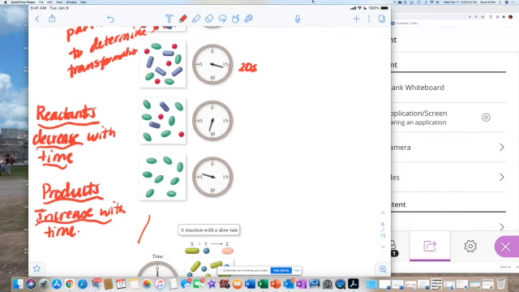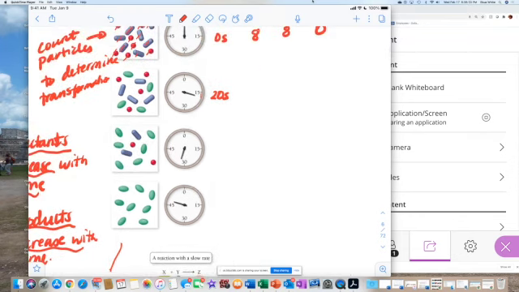So the idea here as we're examining this is we're approaching this from the scientific point of view, which is you approach things with hypotheses, prejudgments. But you remember that your hypotheses are subject to change if your data tells you otherwise, right? So we are approaching this knowing, okay, reactants are supposed to decrease as time goes by. Products are supposed to increase as time goes by. Let's see what's happening, right?